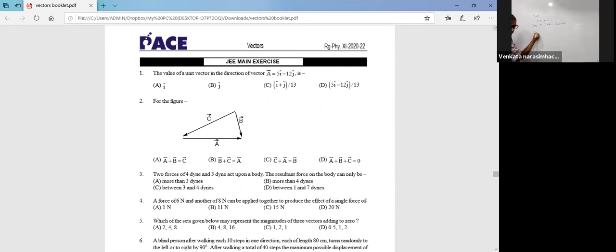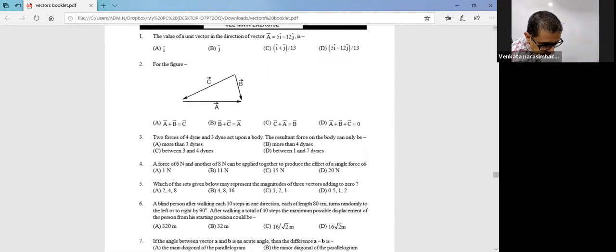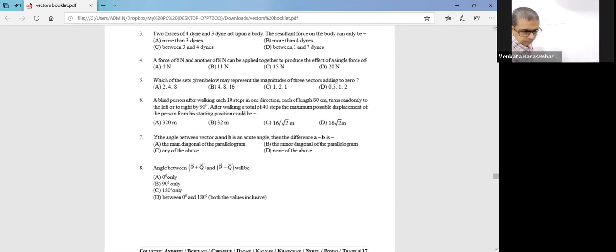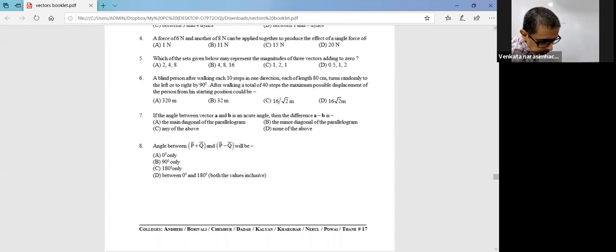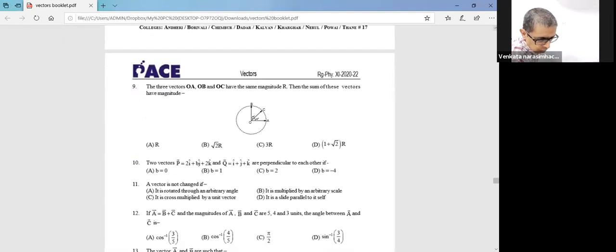Question numbers 1, 2, 3, 4, 5, 6, 7, 8, 9. First 9 problems of the JEE Mains booklet.